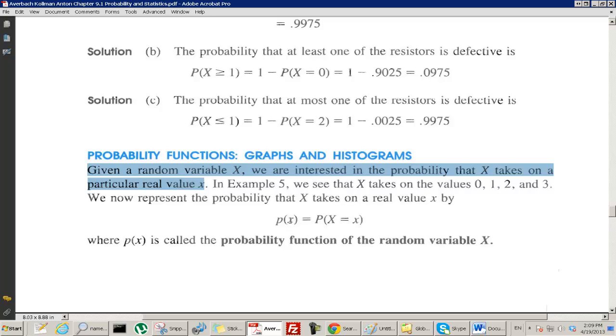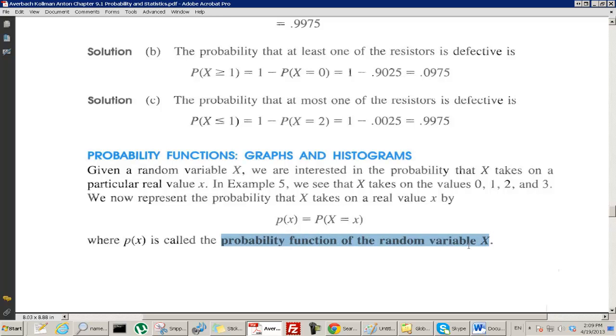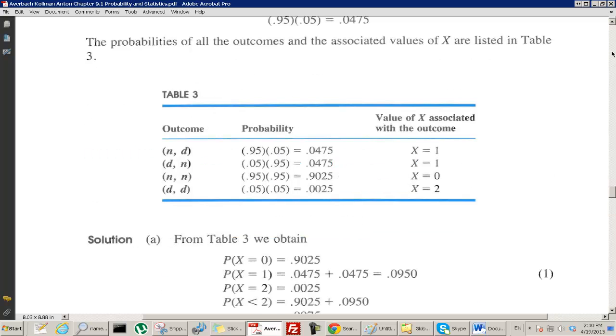And little p of x is called the probability function of the random variable x. So we have a random variable, and associated with that, we have probabilities, right? With each value that the random variable can take, there's a certain probability. We've been doing that over and over again in the last examples.